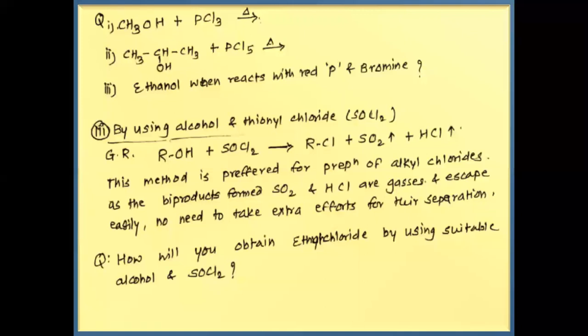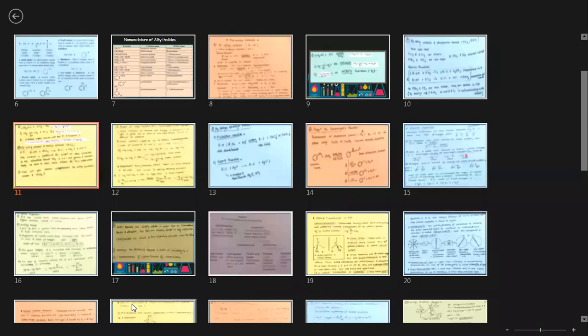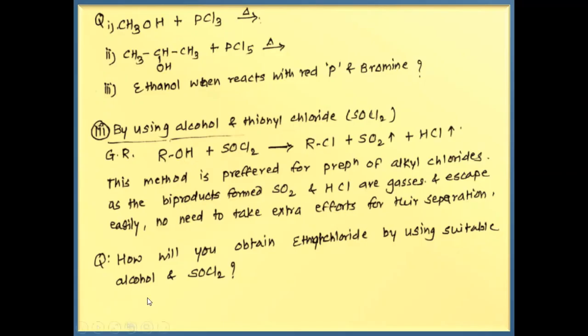Third lecture of halogen derivatives of alkanes and arenes. Now in the previous lecture we have seen preparation methods using alcohol with phosphorus trihalides and phosphorus pentahalides.